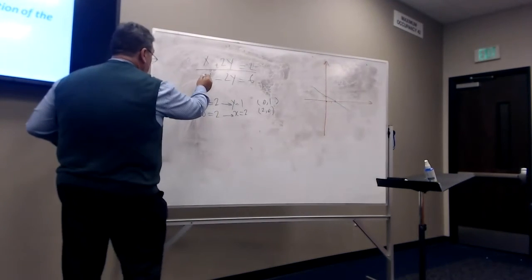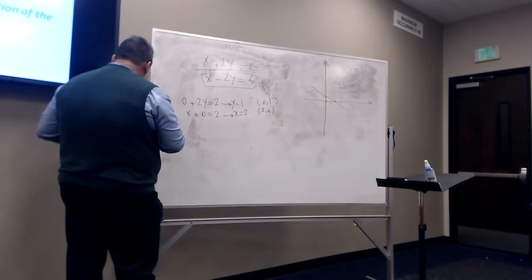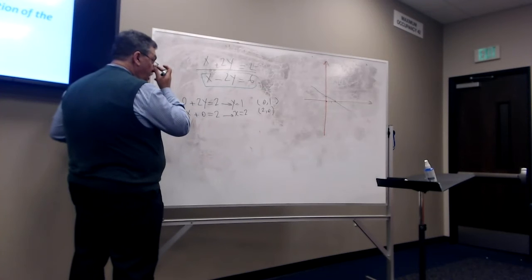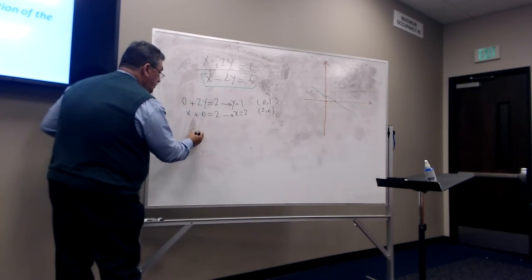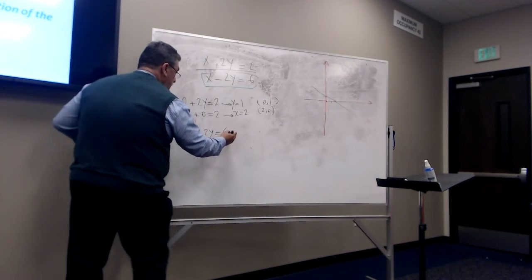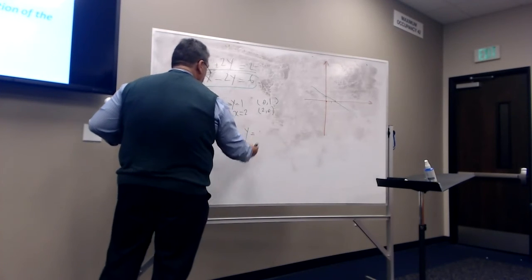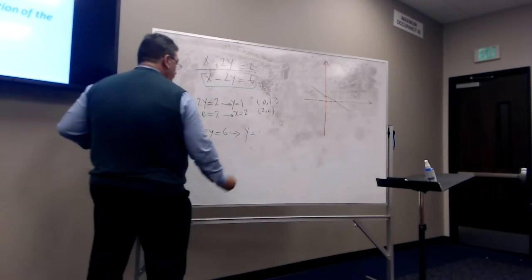The other one. Again, if I want to find the y-intercept, x should be 0, minus 2y equal to 6. Therefore, y is what? Minus 3.